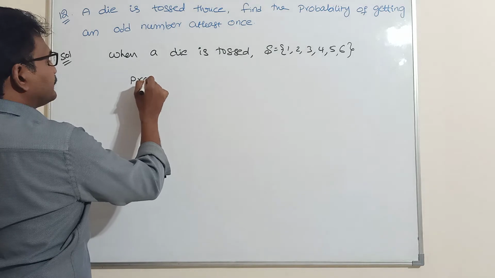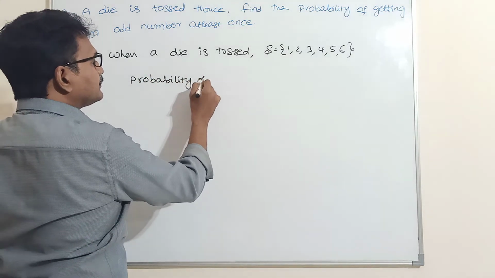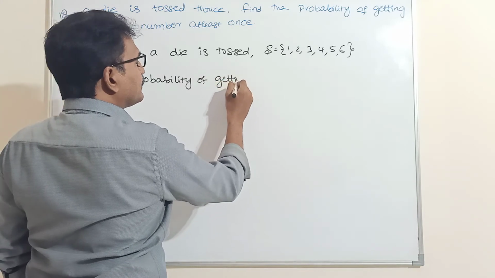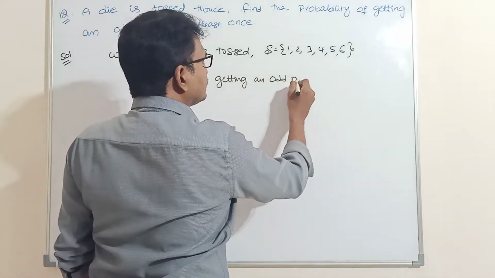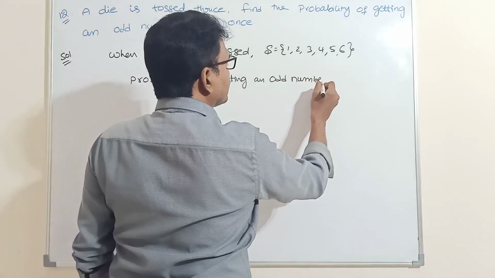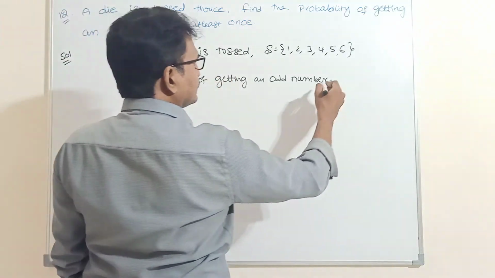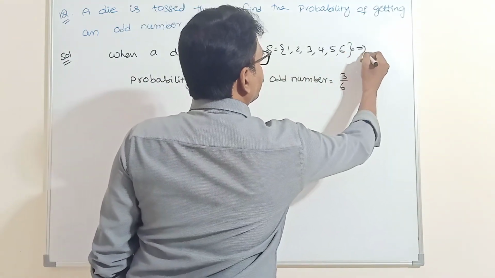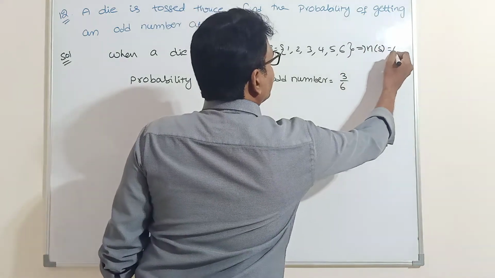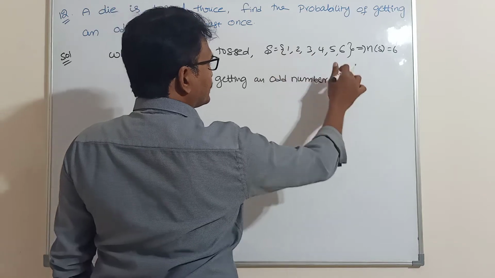Probability of getting an odd number when a die is tossed is 3 by 6. Out of 6, number of sample points are 6, and here odd numbers are 3. So that's why 3 by 6.